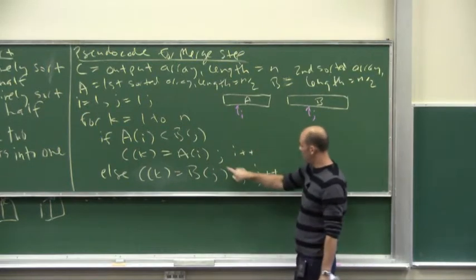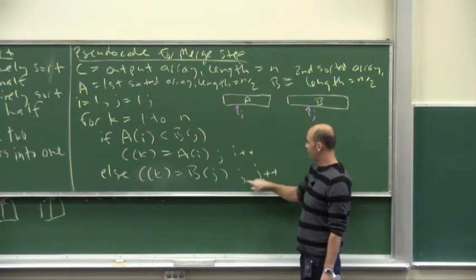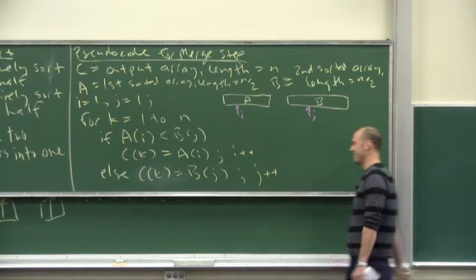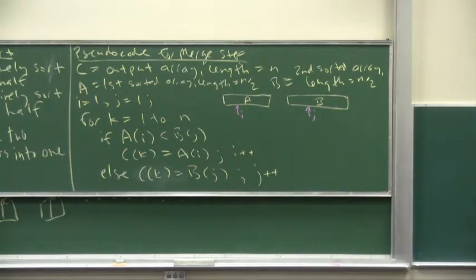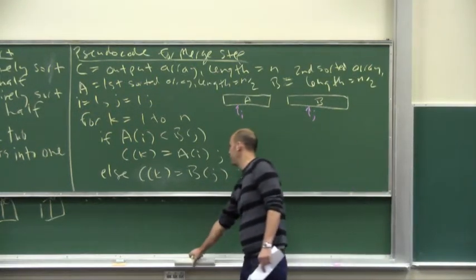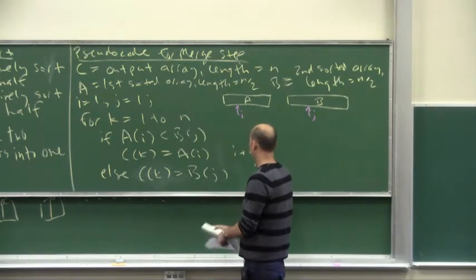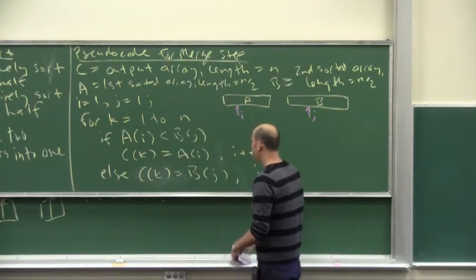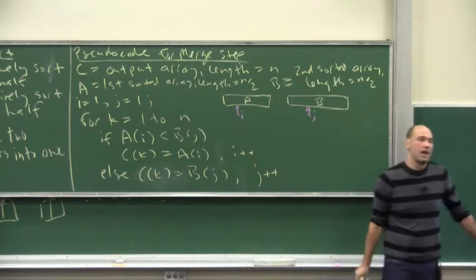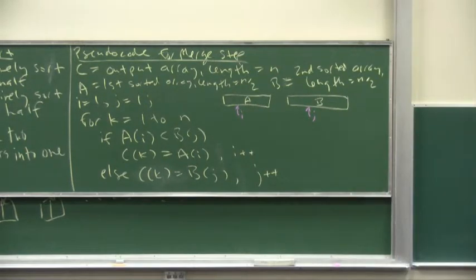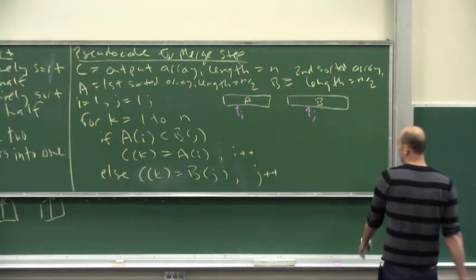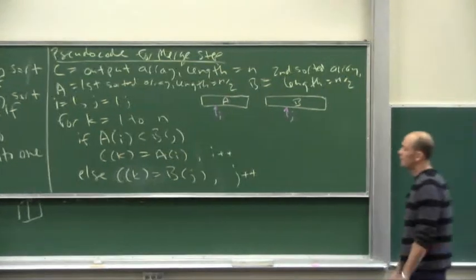Sorry, these are semicolons, and these are j's. Maybe I should use a comma here to make it more clear. The point is you do a test to see which of the two arrays has the smaller element, and then in either case you do two operations. First, you copy over that element, and second, you increment the relevant index. And that's it.